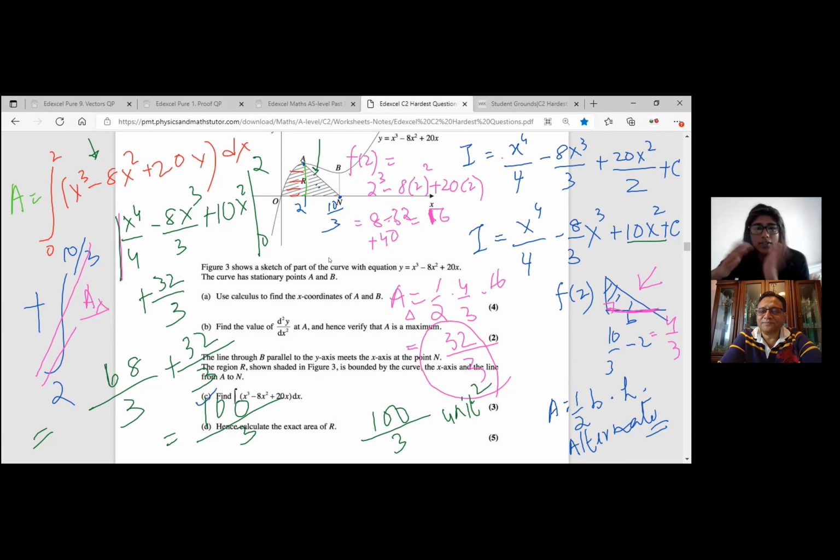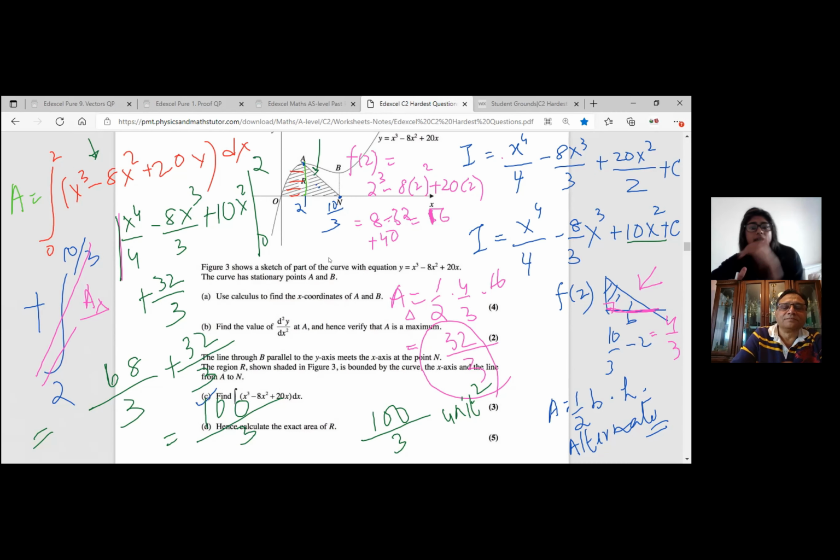We plotted them on the graph to see visually how it would look. Then part B, they're asking about the second derivative in particular. When you have to find the maximum, you do it by finding the second derivative and then substituting the value of 2, which is the x coordinate at A, into the equation and showing that the value is less than 0.